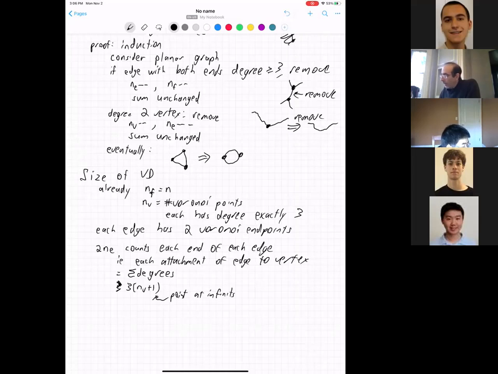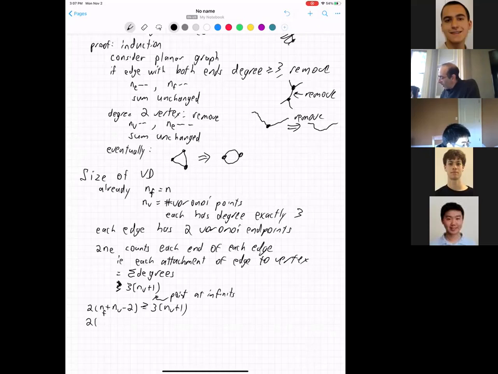So I rewrite this now because Euler's formula gives me a relation between n sub e, n sub v, and n sub f. In particular, I know I can rewrite this as saying that n sub f plus n sub v minus 2 is greater than or equal to 3 times nv plus 1, or sorry, the other way around.